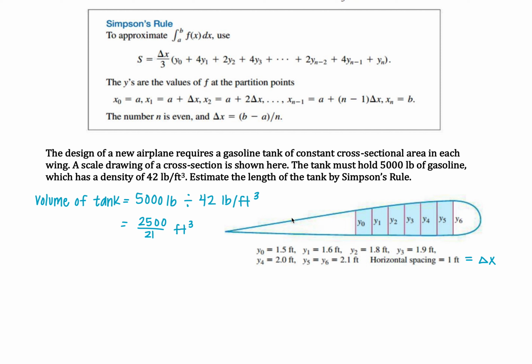We can also think of the volume of the tank in another way. So the volume of the tank can be found by taking this cross-sectional area, which we're going to find with Simpson's rule, times its length.